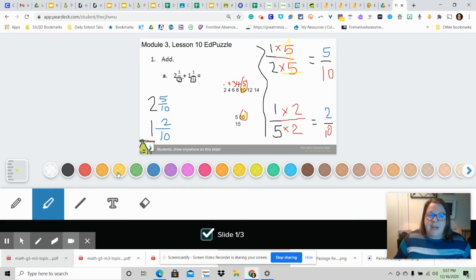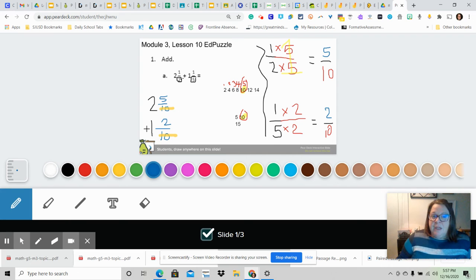Since my denominators are now the same, as you can see right here, they are both 10, we can start doing our addition. You could do this multiple ways. You could just add your whole numbers first, so 2 plus 1, plus 5/10 plus 2/10.